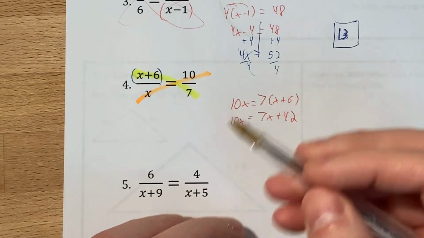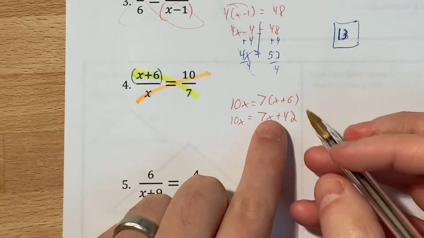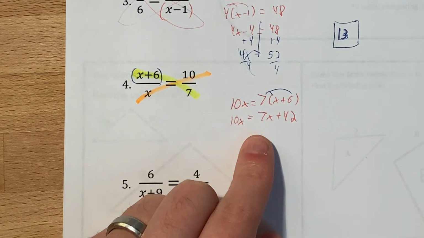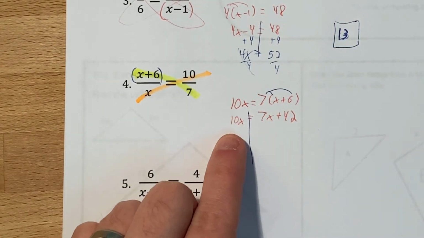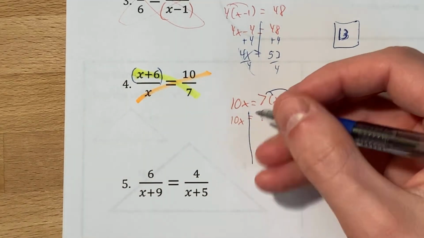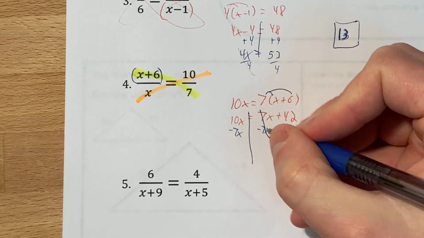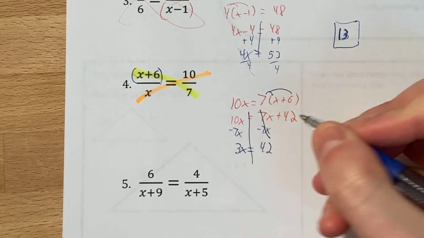Once again, if the algebra is going too fast, feel free to pause or rewind. So that was distributing. So the thing that's different for this one's algebra is that it has x on both sides. Remember that when you have x on both sides of the equation, you have to move it over. So you would need to subtract the 7x over to get 3x, because you need x on one side and only one side.